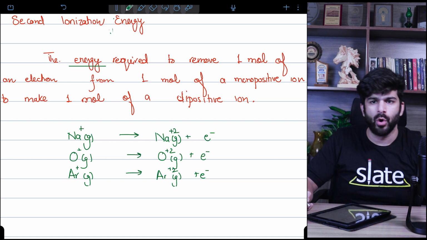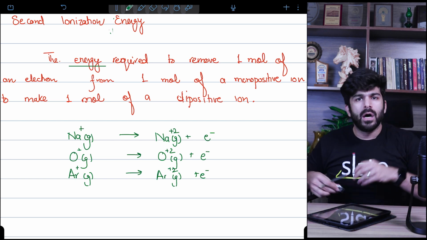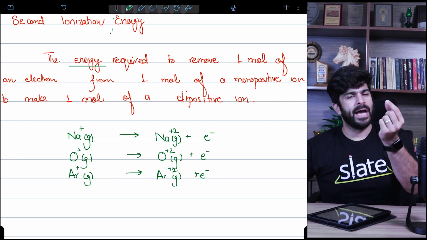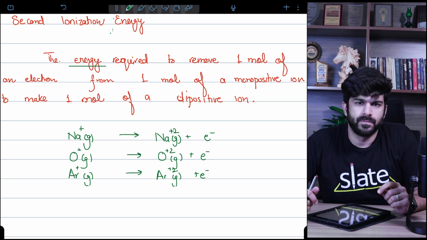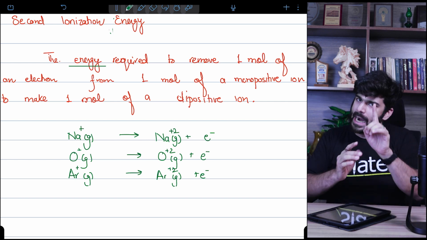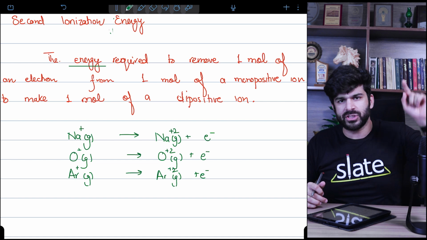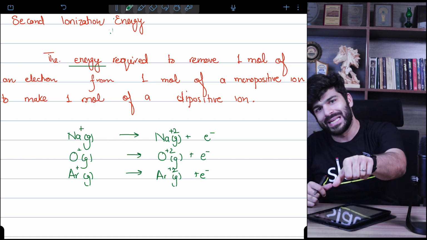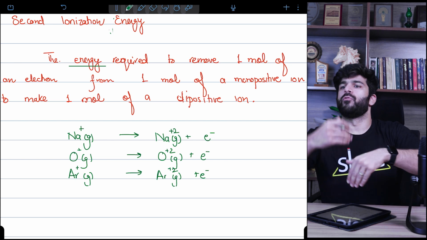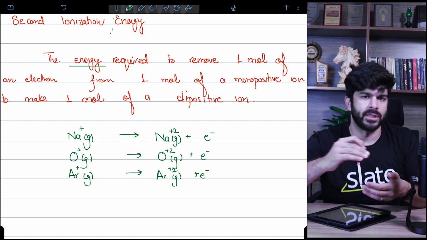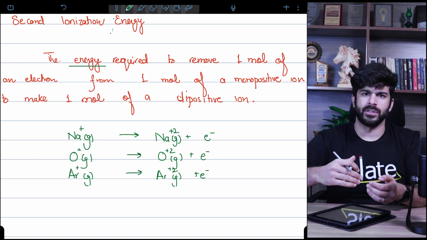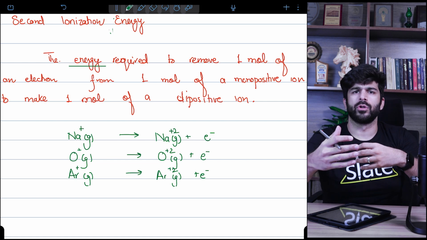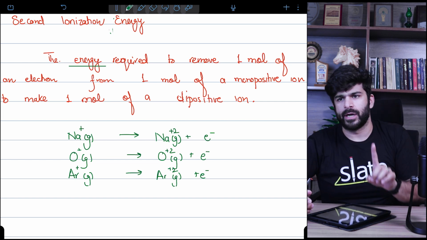So that is what we know about these ionization energies: one electron at a time. So this is the second ionization energy where you remove the second electron and get a dipositive ion. Then the third ionization energy, fourth ionization energy, and so on. But one electron at a time.